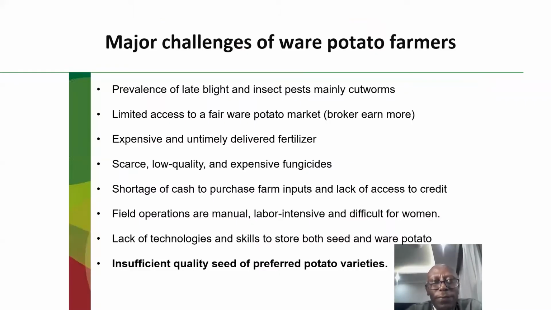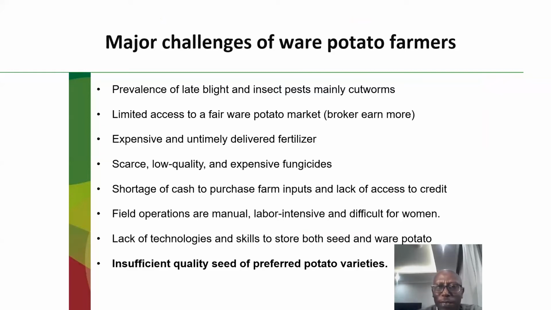Ware potato farmers face many challenges, but major amongst them is prevalence of leaf blight and insect pests, mainly cutworms when it gets dry. Limited access to a fair ware potato market, which is dominated by brokers. Expensive and untimely delivery of fungicides and fertilizers. Scarce, low quality and expensive fungicides.